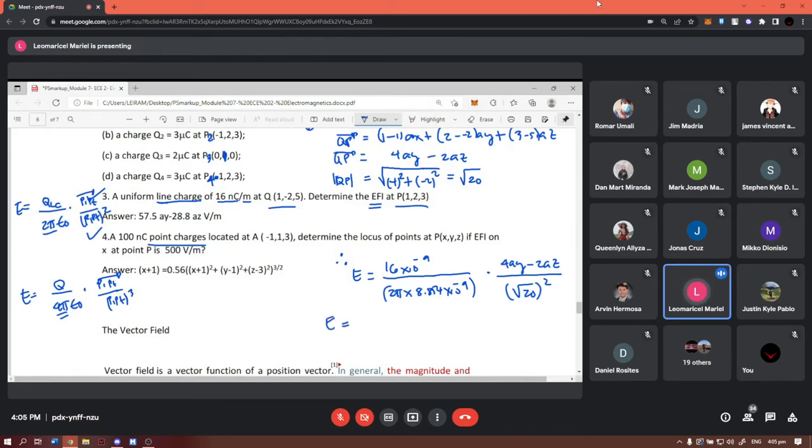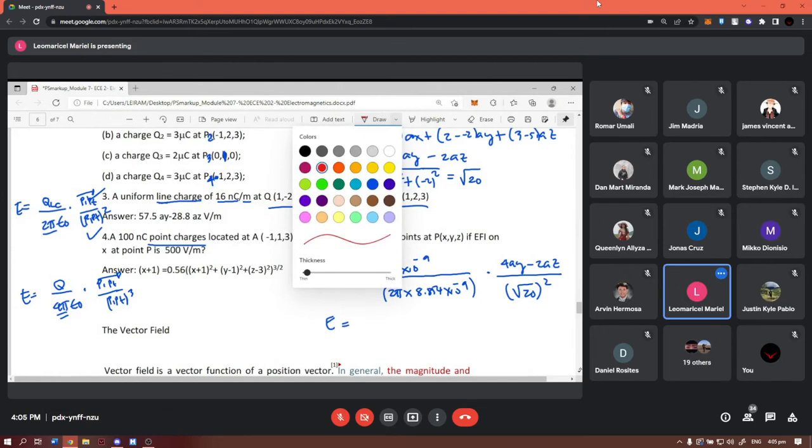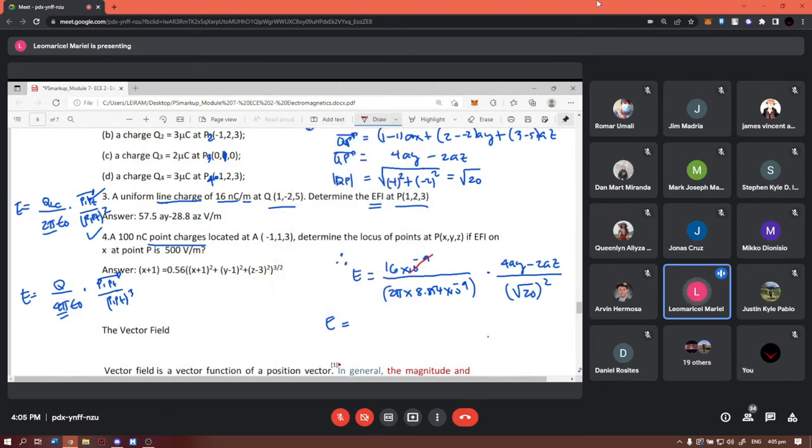Is it correct ba? Simplify nyo nga muna to. 16 times 10 to the negative 9 all over 2 pi multiplied by 8.854 times 10 to the negative 9. Itong times 10 to the negative 9 at times 10 to the negative 9, magka-cancel na yan, di ba?